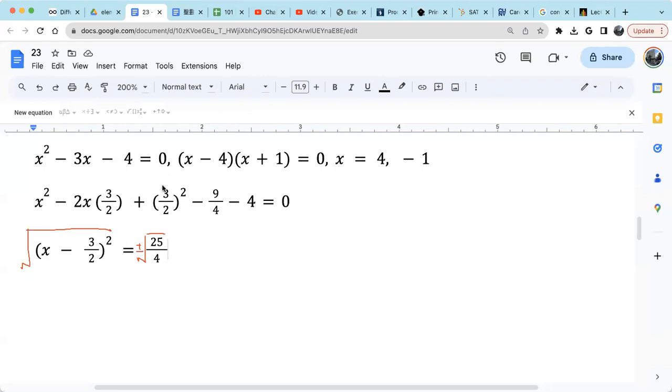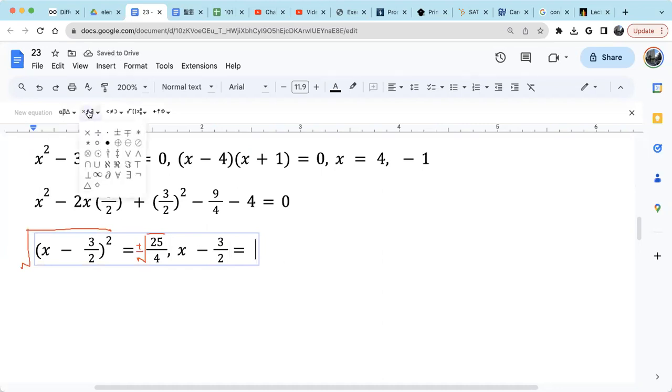So now what do I get? x minus 3 over 2 equals plus or minus, 2 values.